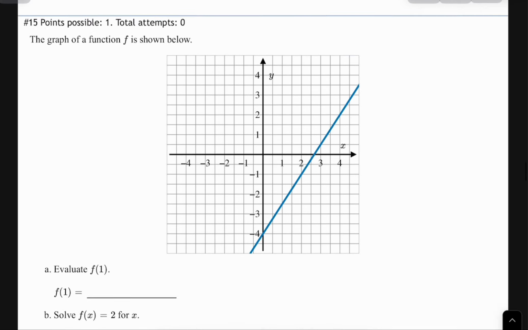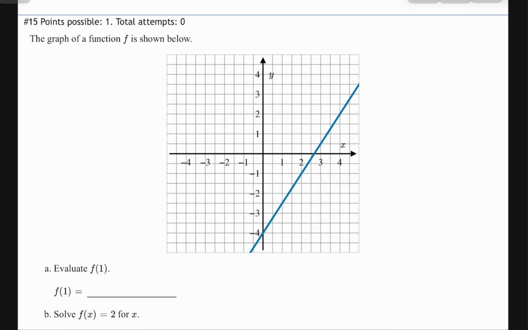Now let's look at number 15. It says using the graph to show function f, evaluate f of 1. So when our x value is 1, the question is what is the y? That's all that's saying. So when our x value is 1, what is our y? Do you see how it's down at negative 2.5?